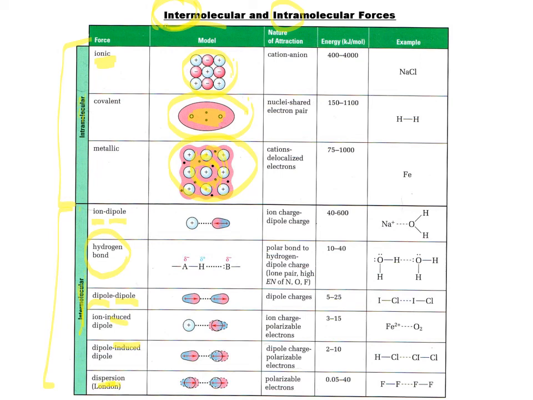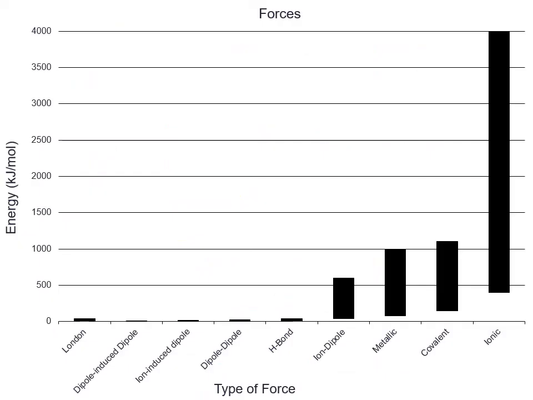And essentially, if you look at the energy, which is the strength of these types of bonds, it varies, but what you should realize is there is sometimes a very huge range within the strength of these bonds. So if we were to graph those numbers, essentially we end up with the different types of bonds and the range of their strength. So ionic bonds could have a huge amount of energy required to separate them, but they could also have not quite as much energy. Covalent bonds, again, they have high and low, so different strengths of covalent bonds.